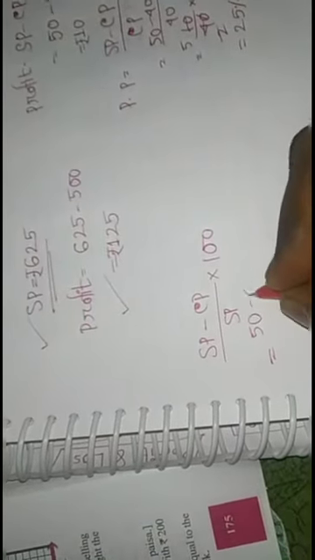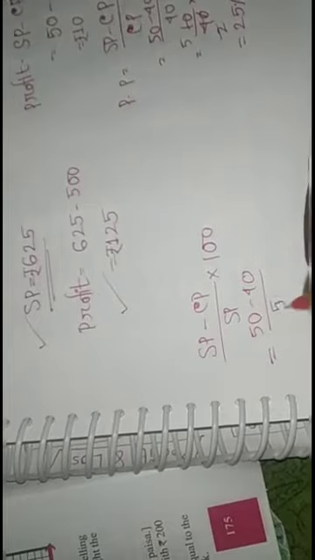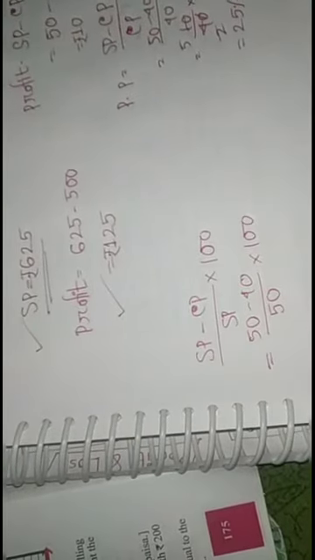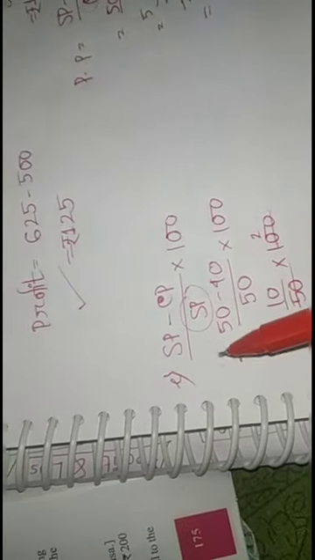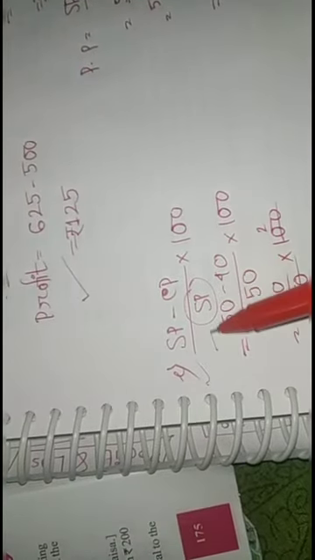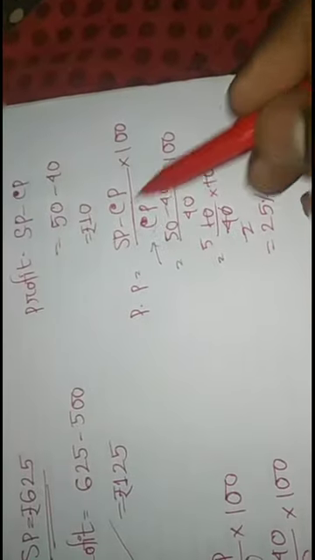You need to do this, okay? So 50 minus 40 by 50 into 100. This becomes 10 by 50 into 100. So the answer is 20%. Question number E, the answer is 20%. We did it on the selling price. We are finding the profit percentage on selling price. But in the earlier problem, we found the profit percentage on cost price.